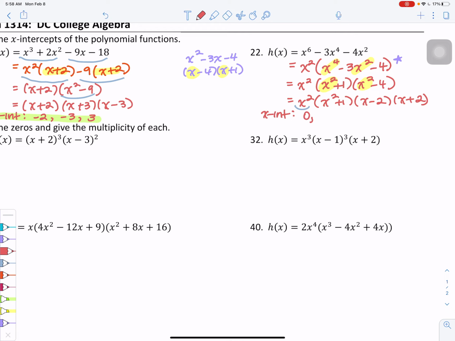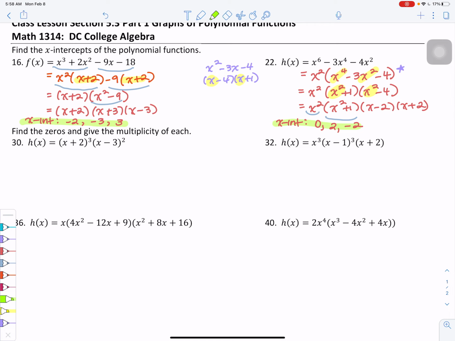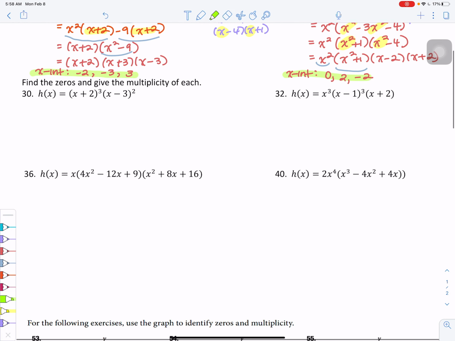And then this term here does not generate any real zeros. And we have a 2 and a -2. Kind of have that written up high. Okay, so those are our zeros, or our x-intercepts. And you can write them as points as well. Intercepts are typically numbers, but they're also points.